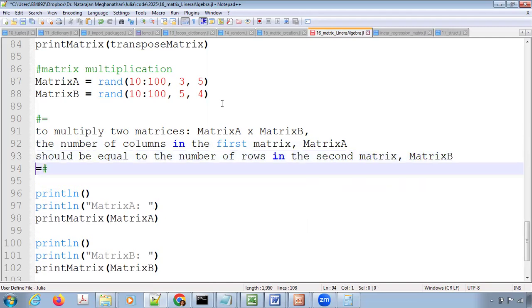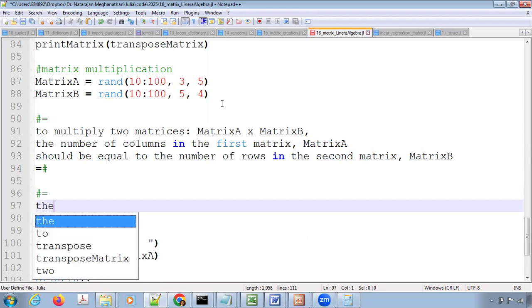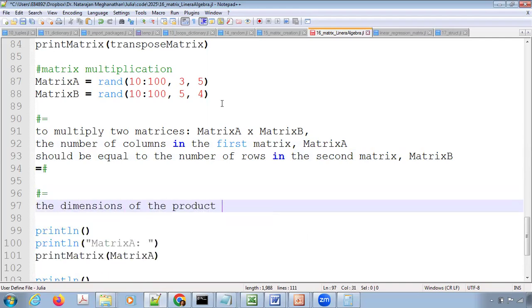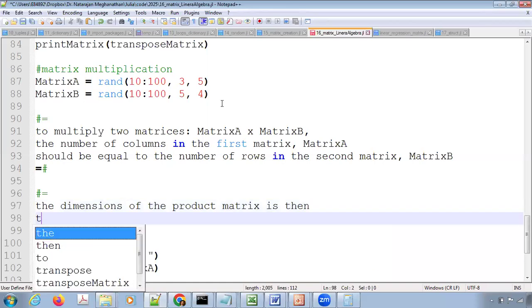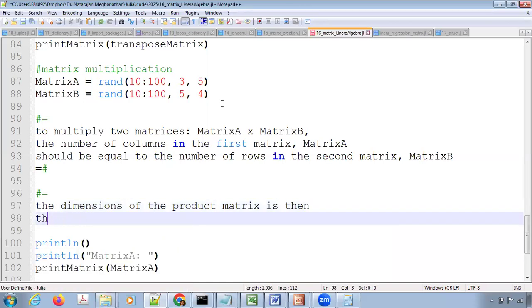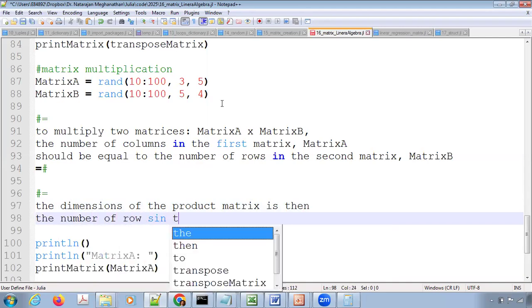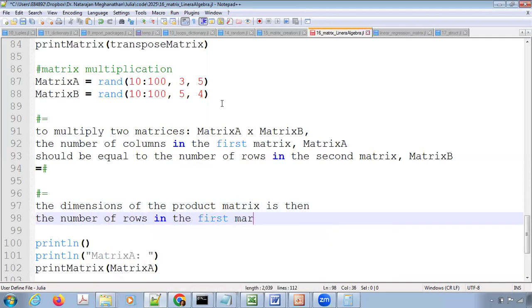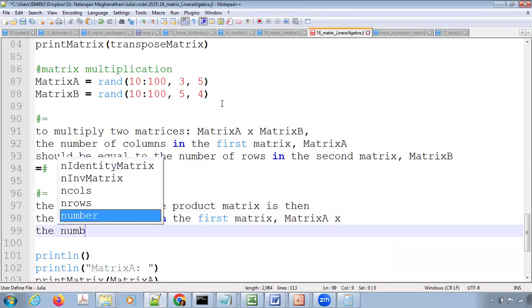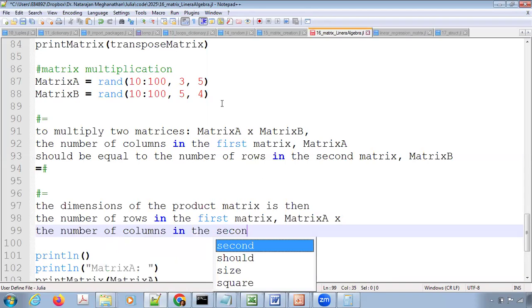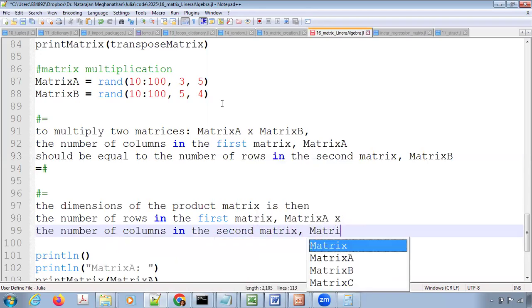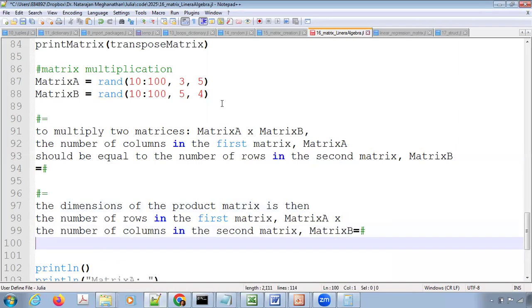Okay. And also the dimensions of the product matrix are then the number of rows in the first matrix, matrix A, by the number of columns in the second matrix, which is matrix B. Okay, so the product in this case is going to be a 3 by 4 matrix.